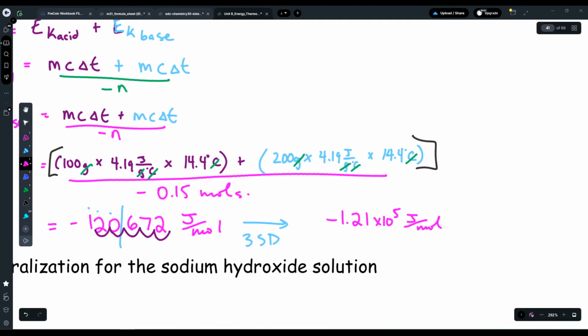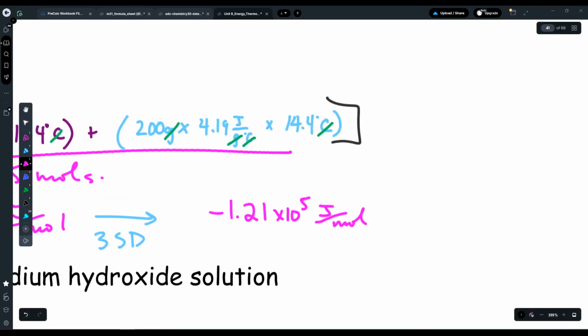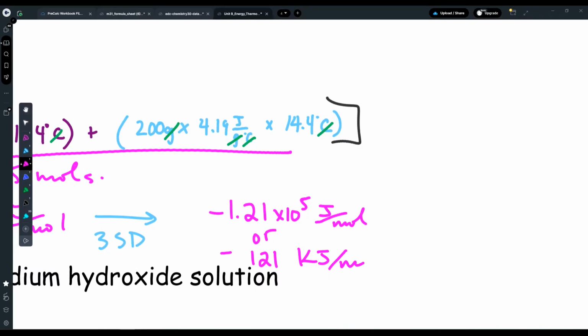So my answer for the molar enthalpy of neutralization of sulfuric acid specifically would be negative 1.21 times 10 to the power of 5 joules per mole, or if you really wanted to talk about this in terms of kilojoules per mole, you just divide by 1,000. So that would give you negative 121 kilojoules per mole. So you could do either or.